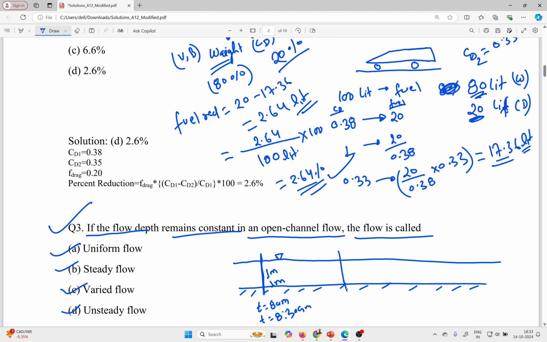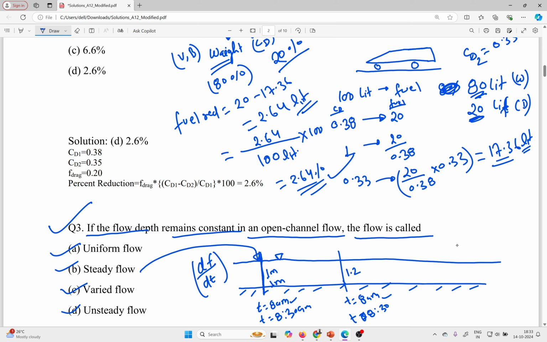It might be here 1.2 meter at 8 am. At the same time, in the same channel, there might be a water level difference. But in steady flow, we see at a particular location, at a particular cross section, that your flow characteristics, if I write with F, should not be changed with respect to time at a particular cross section.